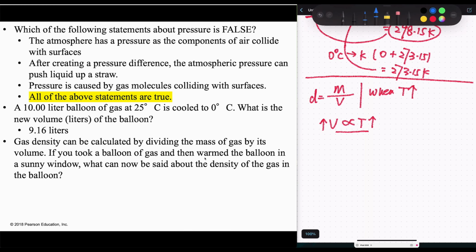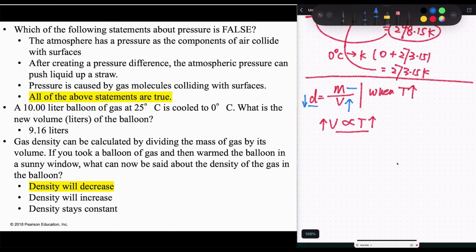Because the mass of the gas will never change, based on the equation to calculate the density, if your denominator is increasing, that means your density will decrease. So for this question, when the gas is warmed, the density will decrease.